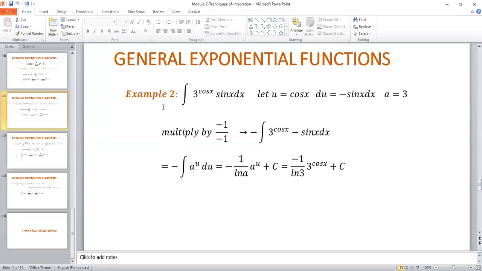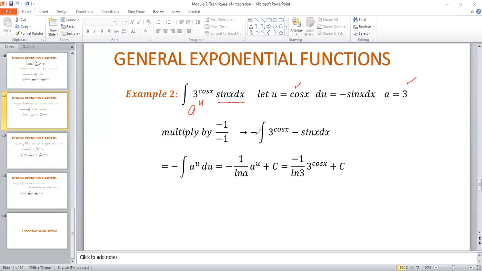Okay, number 2. The integral of 3 raised to cosine of x, times sine x dx. This is your a^u. Your a is 3. Your u is cosine of x. The du of that is negative sine x dx. You already have the sine x dx here, so you just need the negative sign outside.